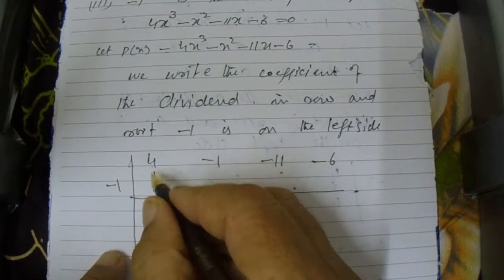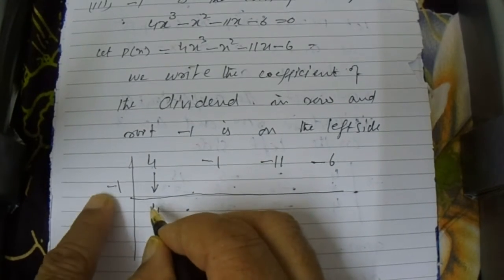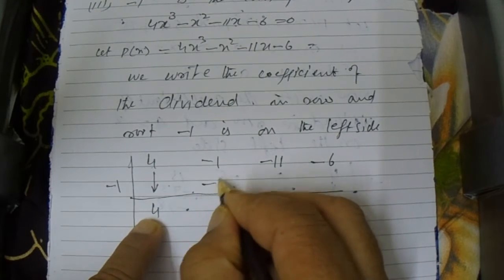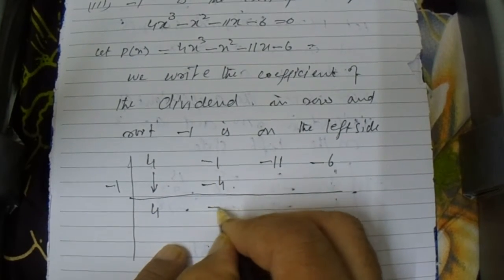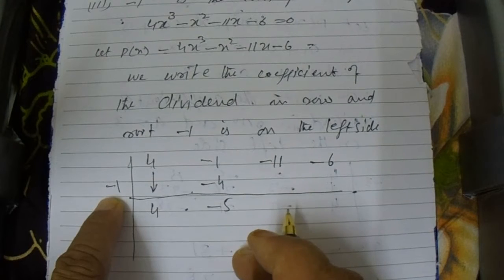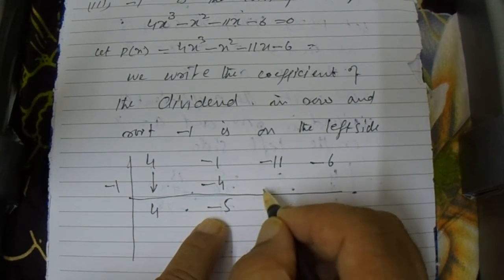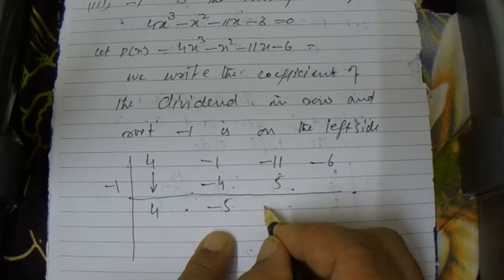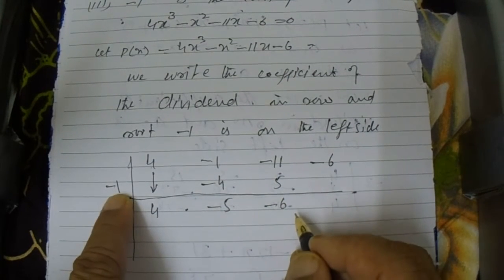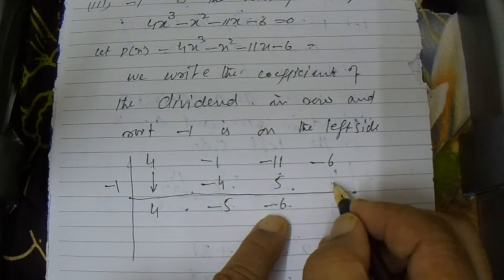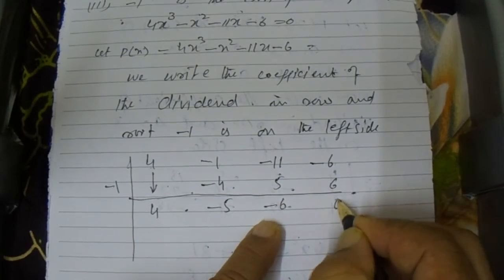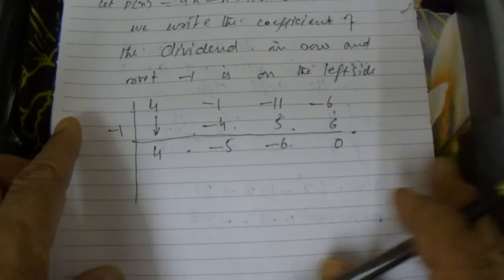We write the coefficient 4 here, minus 1 multiplied by 4 gives minus 4, and we add to get minus 5. Minus 1 multiplied by minus 5 gives 5, and we add to get minus 6. Again minus 1 multiplied by minus 6 gives plus 6, and we add to get 0.